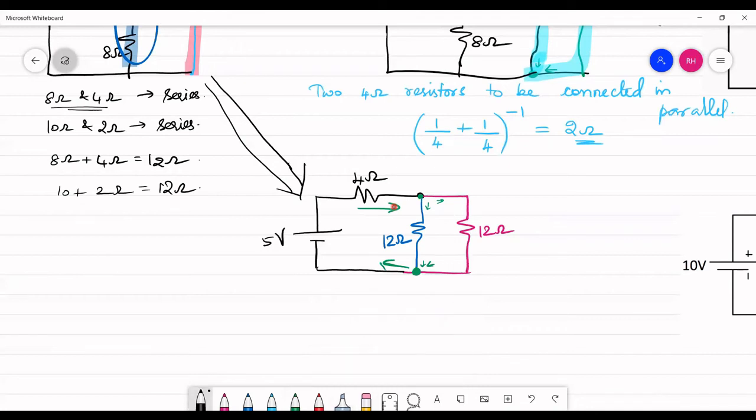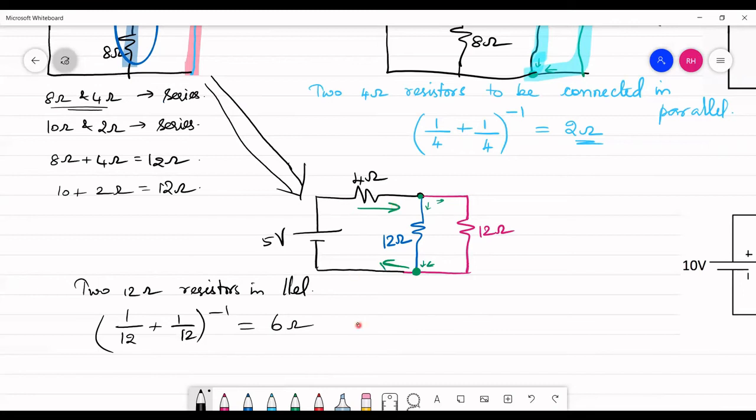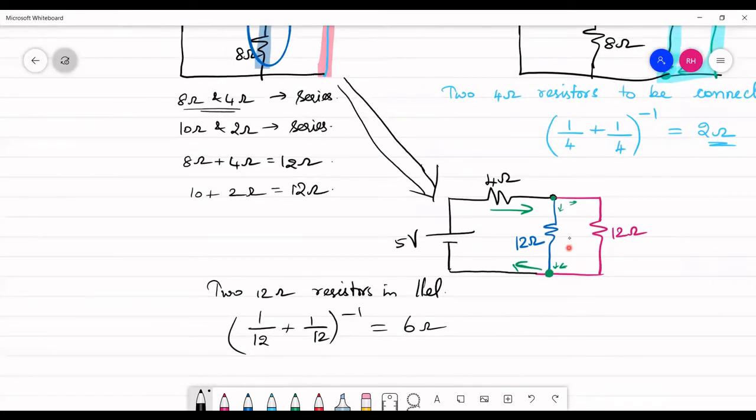So I find two 12 ohm resistors in parallel, which means the effective resistance is 1 by 12 plus 1 by 12, the whole inverse, which is equal to 6 ohm. And now, as you could reduce these two and draw it as one resistor, the simplified circuit is going to be 5 volt.